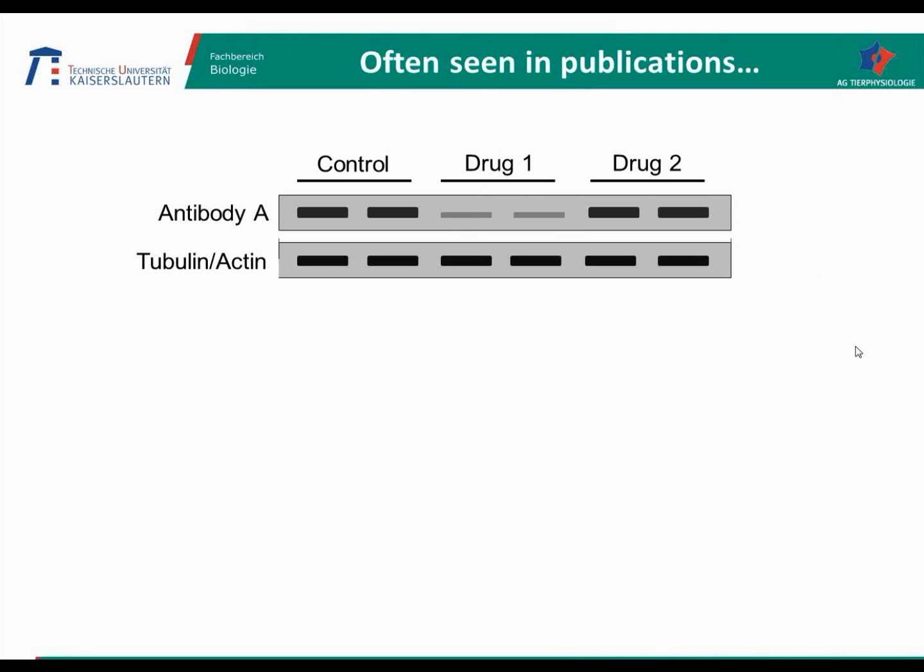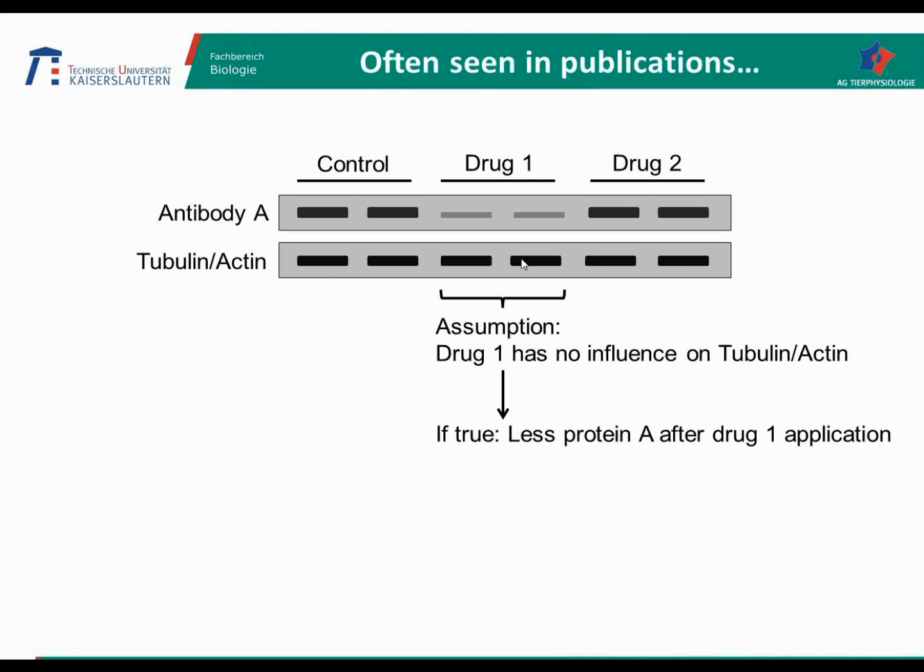So it is necessary to have a loading control, and many groups use a housekeeping protein there. Now you assume that drug 1 has no impact on this housekeeping protein, on tubulin or actin. Generally this assumption is not tested, but if it is true, then indeed there is less protein A after drug 1 application.